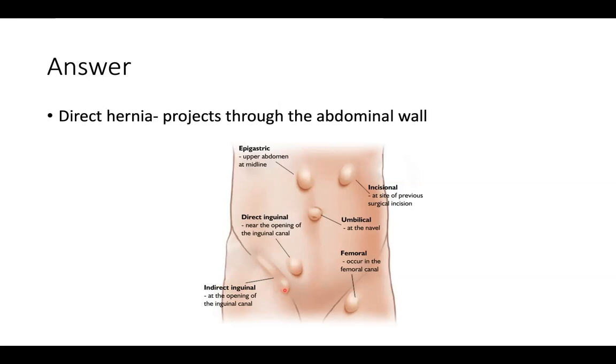Okay, so very close to actually the testes. And usually the indirect hernias are identified or spotted at birth, whereas if an older patient is coming to you in the clinic, they usually have a direct inguinal hernia.